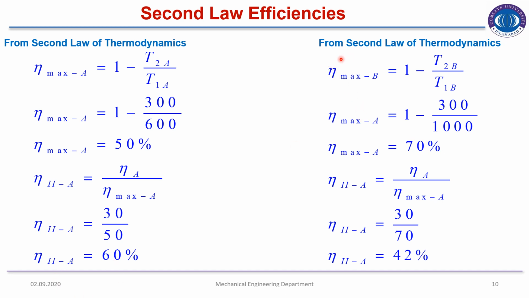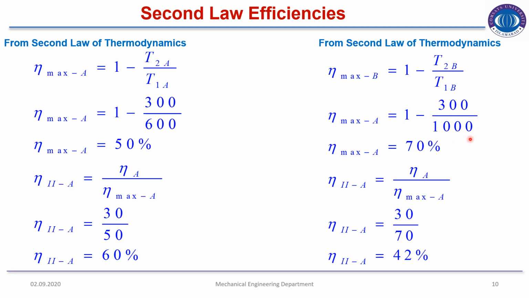Now we will be calculating the second law efficiency for heat engine B. So eta max B. Now we are considering that we have replaced heat engine B with a reversible heat engine. The relation to find the efficiency for the reversible heat engine is 1 minus TL over TH.